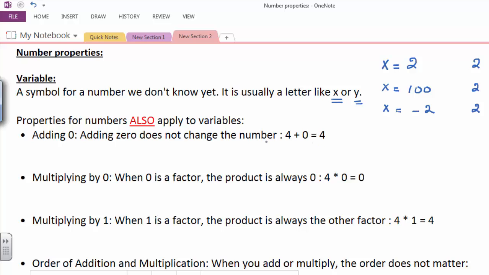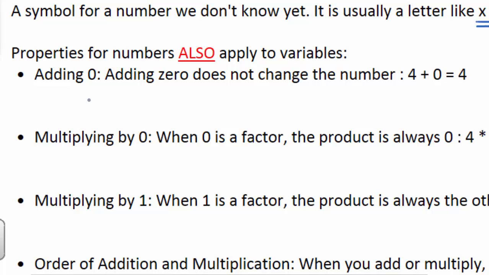What about a variable? If I have variable n and I add it to 0, the answer is n. Or if I add 0 at the beginning to x, the result is x. So as you can see, adding 0 does not change the variable.